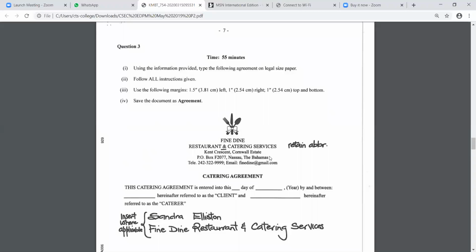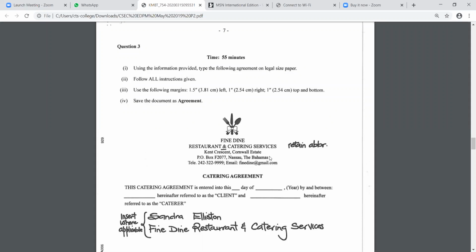Fine dining, you have the image. Restaurant and catering services, you have the contact information for fine dining. Would I need to retype this information? No, I wouldn't. How exactly could I get that information there?